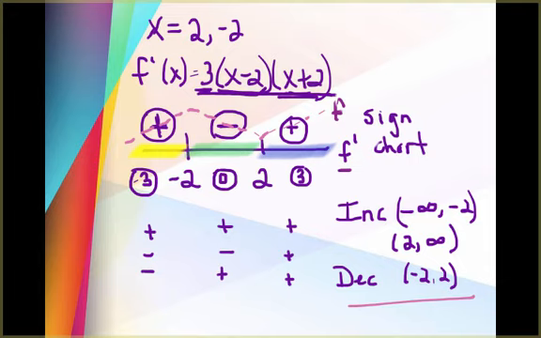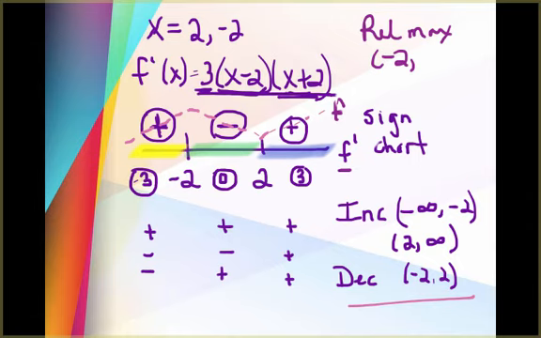So then we can look at negative 2 and notice that our graph went from increasing to decreasing. So we actually have a relative max at negative 2, and then we could go back to our original function and get our y point.